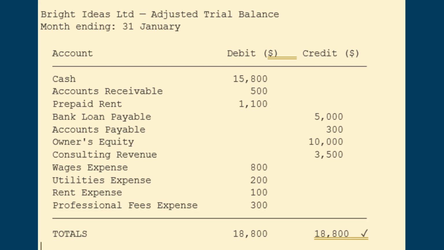Every account now shows what actually happened during the period. Debits and credits still balance at $18,800 each. Now, with the adjusted trial balance confirmed, we have everything we need to build the financial statements. This is the payoff for all that work.